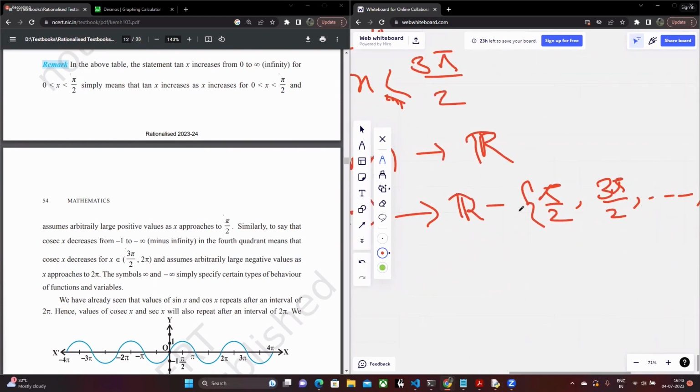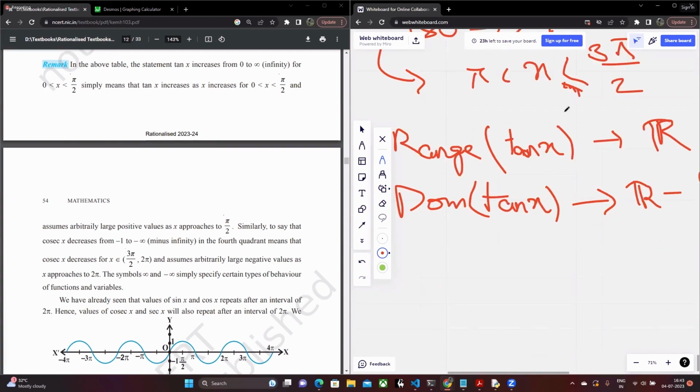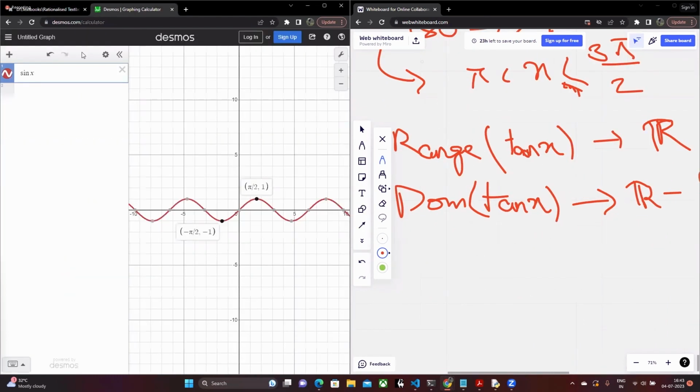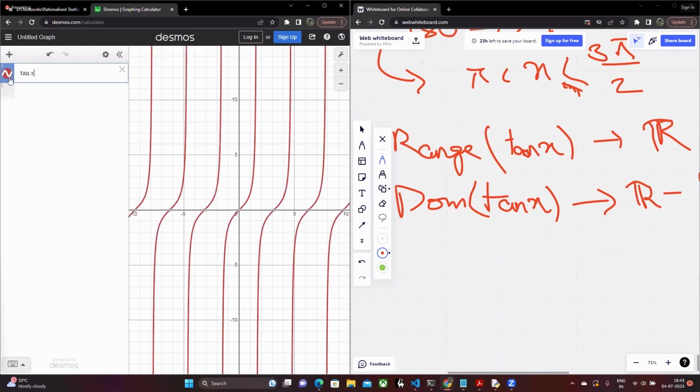Because at each of these points, tan x becomes infinity or minus infinity.